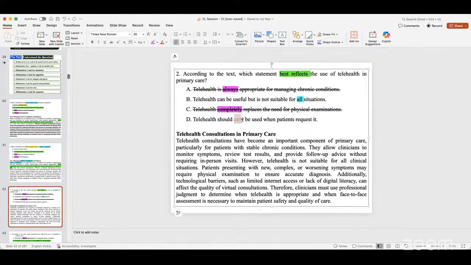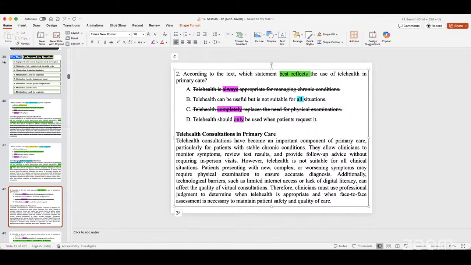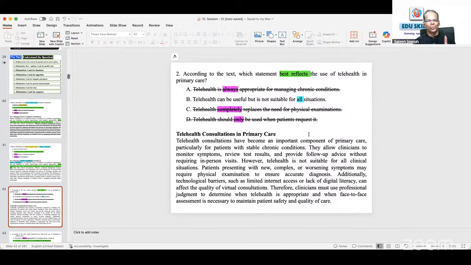Absolute. Eliminate. Your obedient servant. See how they play the tricks here? All four have absolutes, but one meaning is not absolute.